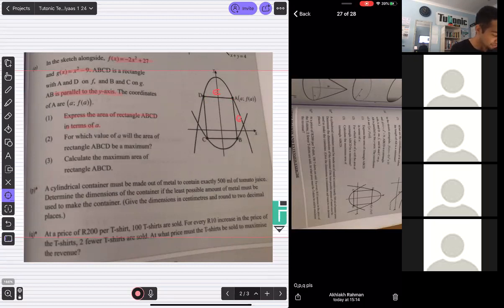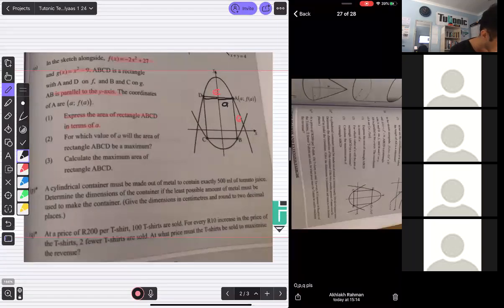Right. But if this is A, what is this? It's a negative A. Yes, but if we're doing the area of the rectangle, it's 2A. You guys see that? Yeah. Right. Make sense, Akhlaq?